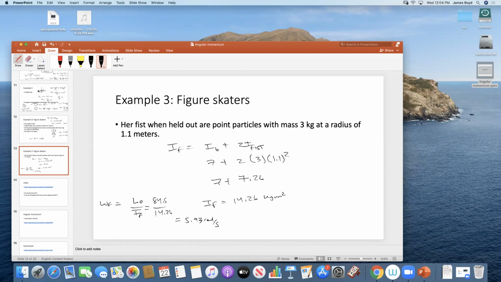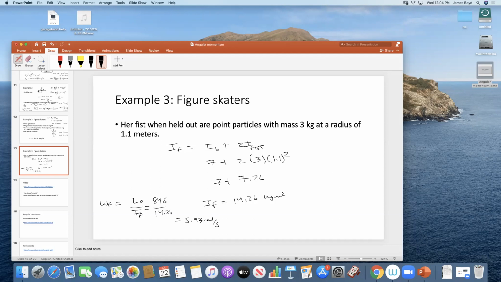So she slowed down from 12 rads per second to 6 rads per second. She basically went from doing, what would that be, 4 full rotations a second to only doing 2. Okay, not bad. She doubled her moment of inertia. She decreased her omega by half. That's pretty easy to understand, I think.